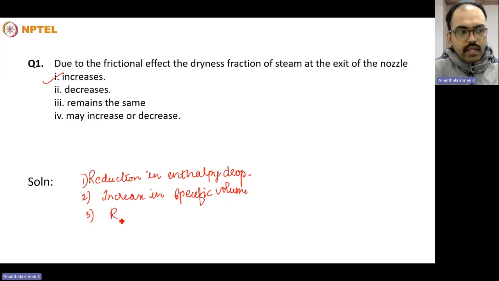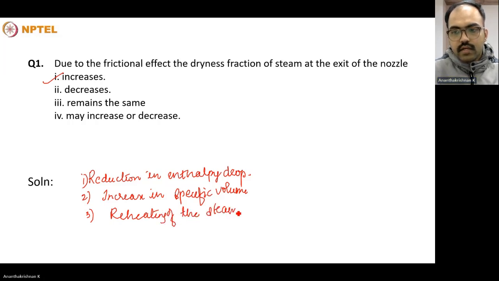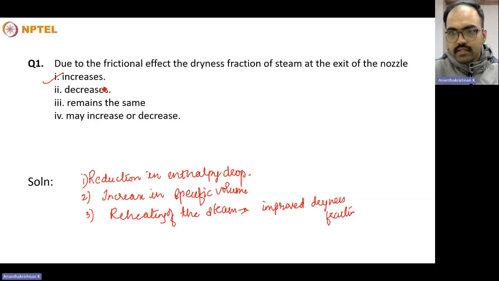And there will be a reheating of the steam due to the frictional effect, resulting in improved dryness fraction. So the frictional effect increases the dryness fraction of the steam at the exit of the nozzle. That's a straightforward one.